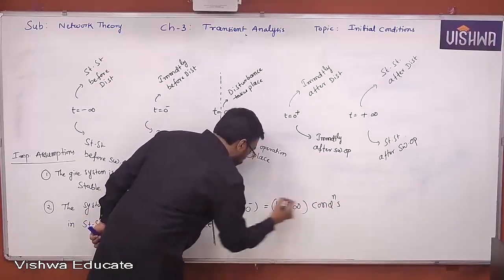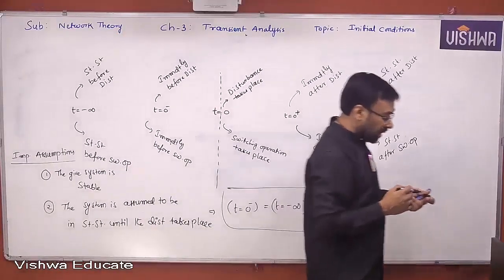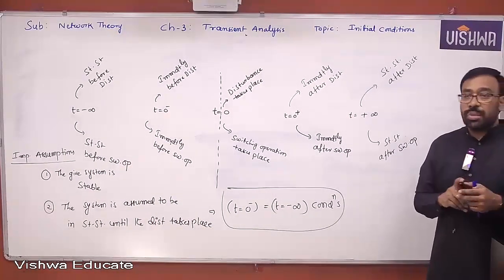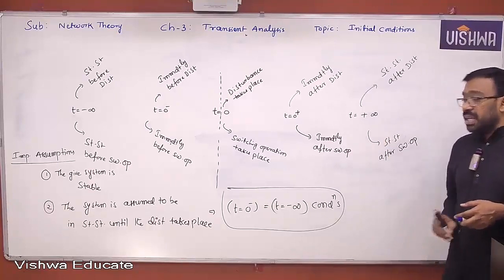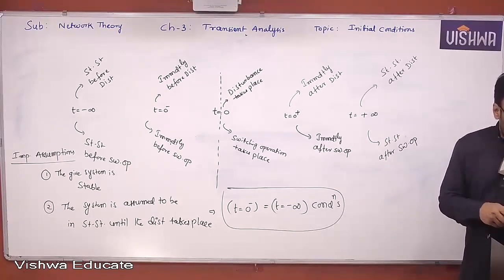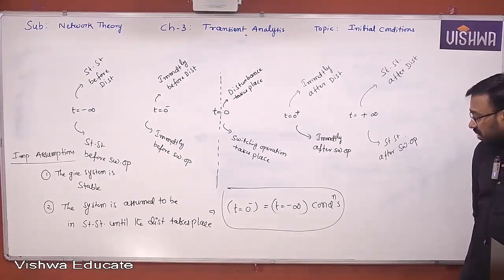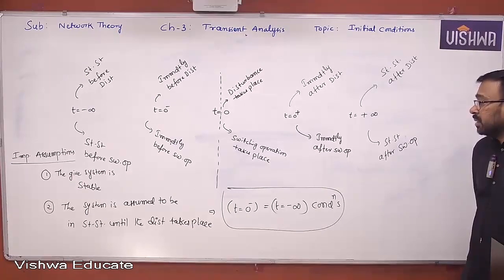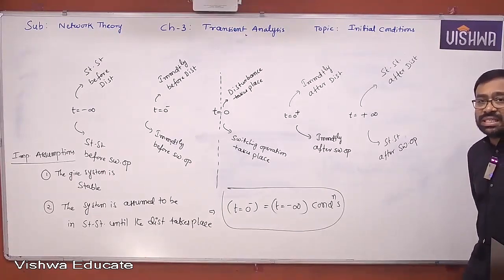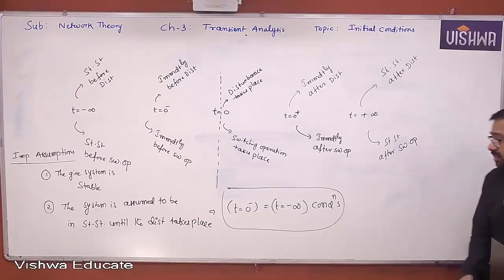I hope you understand the point. It's a very, very important point to be noted down. We stop here and we see the remaining things in the next session. Please note that T equal to 0 minus conditions are equal to T equal to minus infinity conditions. The system is assumed to be in steady state until the disturbance takes place. That's a very, very important point.